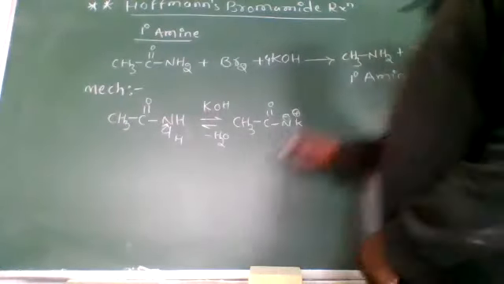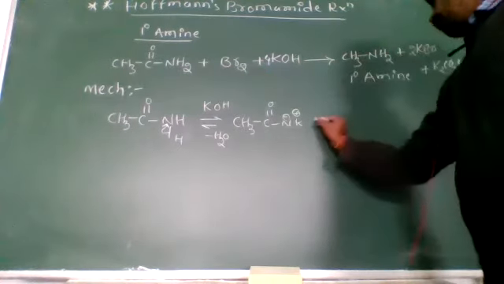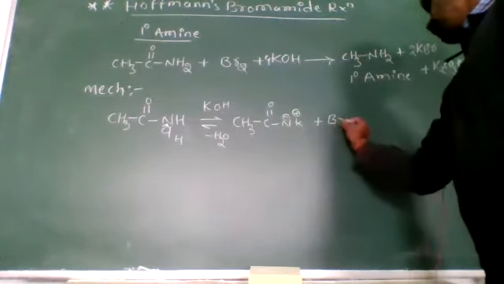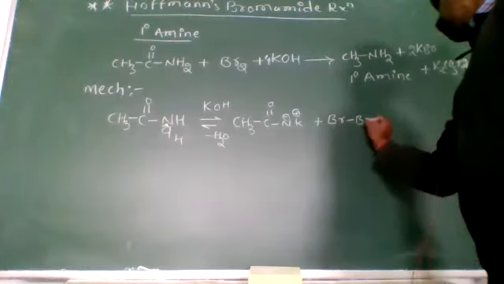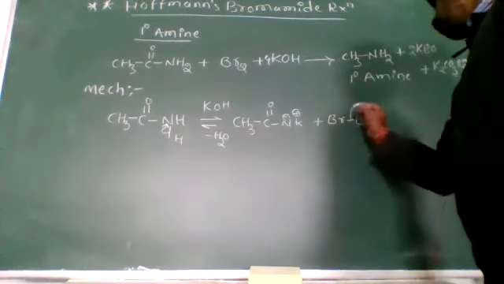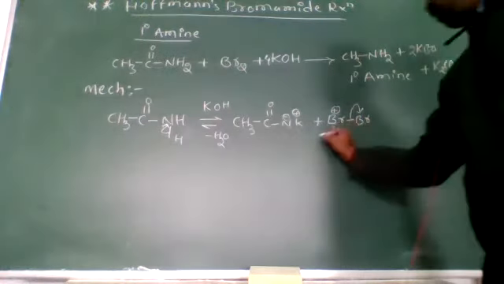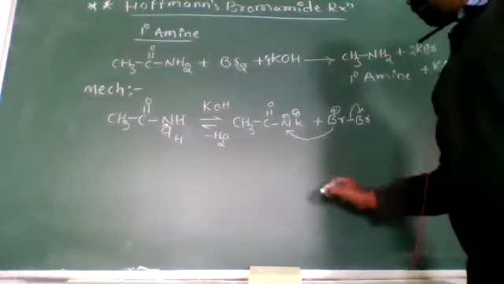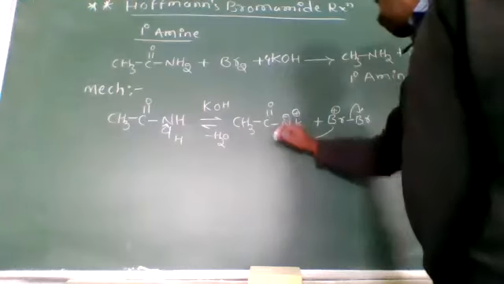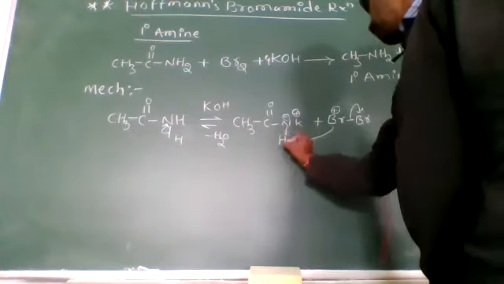Now to this potassium amide, one reactant is added, that is bromine. Here I am separating bromine into one negative and one positive. The positive of bromine bonds with the nitrogen, where one hydrogen is there. Yes, one hydrogen is there.